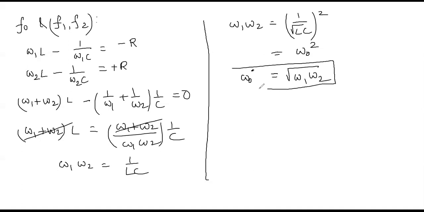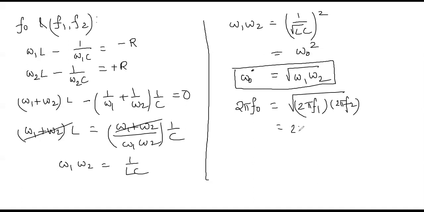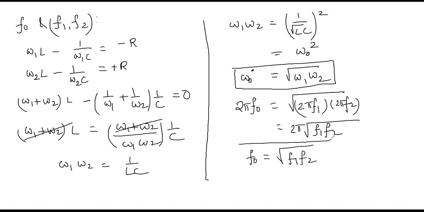Or, replacing with frequency, 2 pi f naught equals square root of 2 pi f1 into 2 pi f2. If you take 2 pi common, the 2 pi will get cancelled. So resonant frequency equals square root of f1 into f2. Resonant frequency is nothing but the geometric mean of the half power frequencies. This is the relation between resonant frequency and half power frequencies.